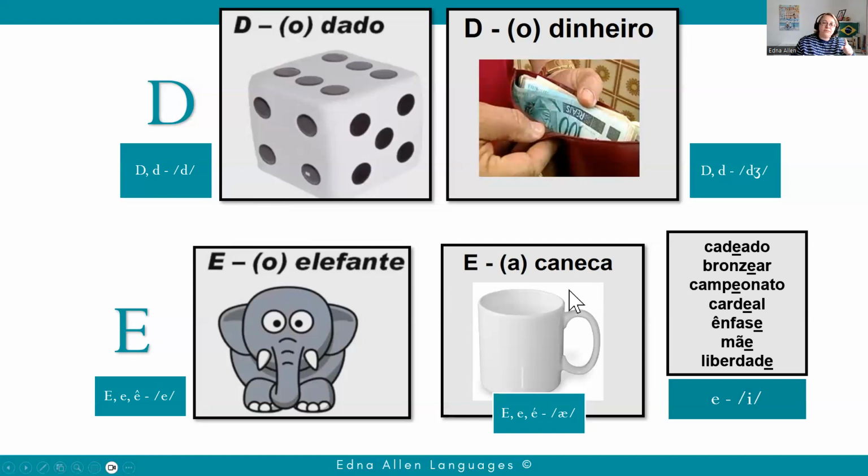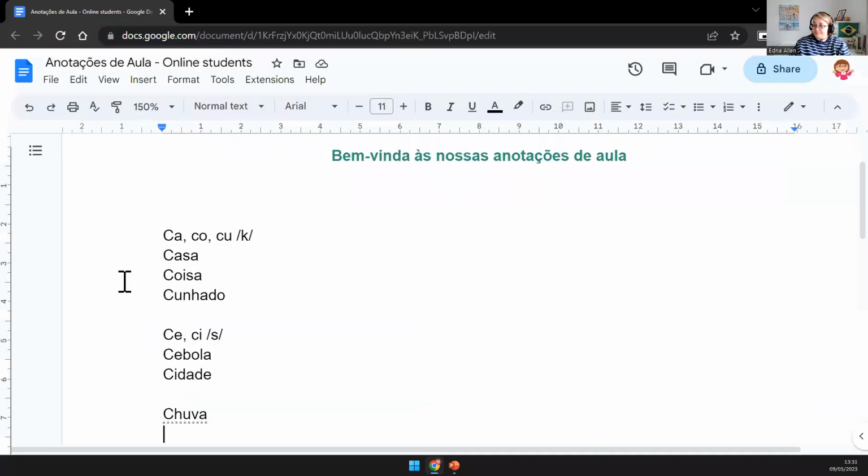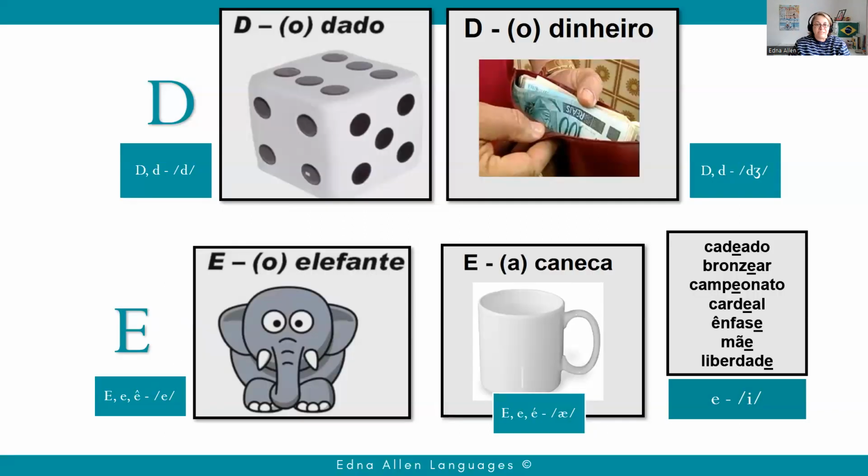If in certain words the E appears as the last letter of that word, like remember when we said cidade, cidade, it tends to have the sound of an I in natural, everyday speech. We tend to do an E like that as well. Elefante, right? Elefante.